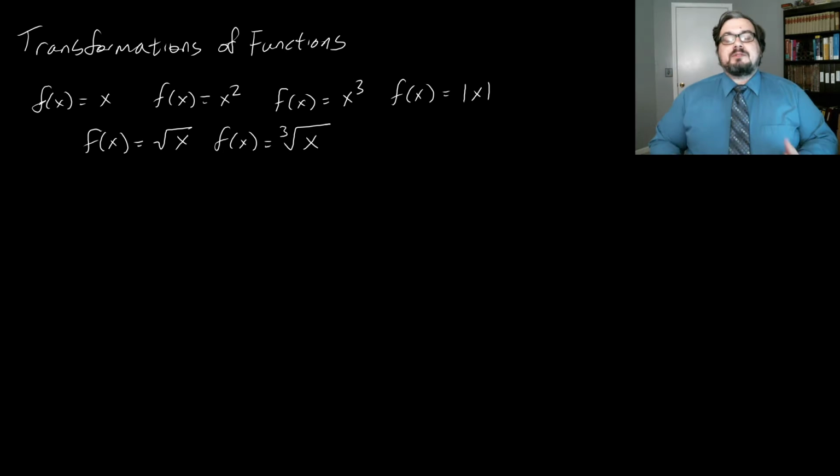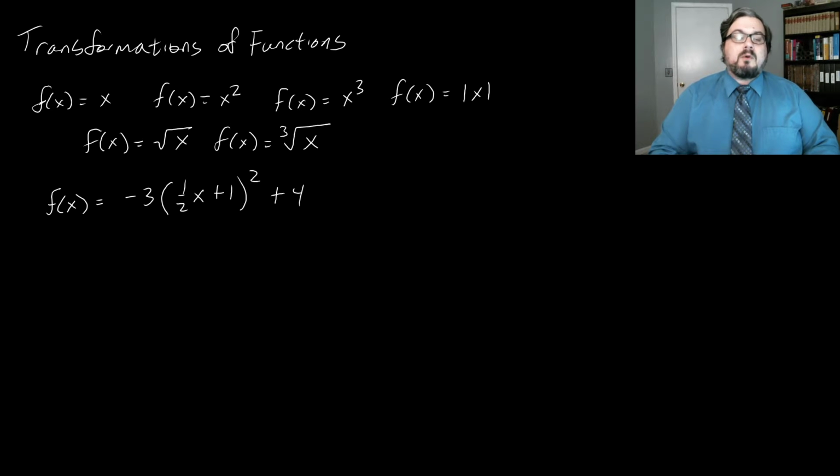But of course, most functions don't look like this. Most functions are more complicated. I might have a function that looks like f of x equals -3 times (1/2 x plus 1) squared plus 4. Something like this. Well, it turns out that we can figure out what the graph of this function looks like without having to go through the process of plotting out a bunch of points.